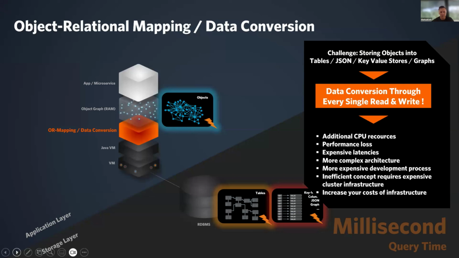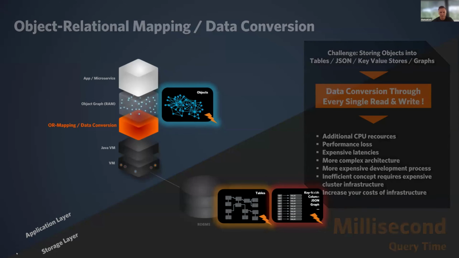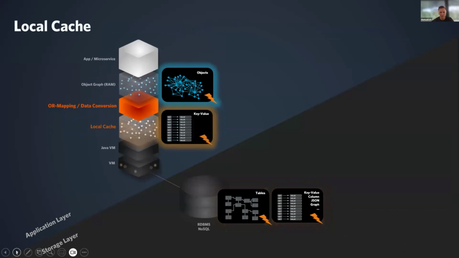So there's a lot of overhead happening behind the scenes. And this is the reason why we have here latencies, so very expensive latencies. And we can accelerate these applications by using a local cache. So this is also common to use a local cache.